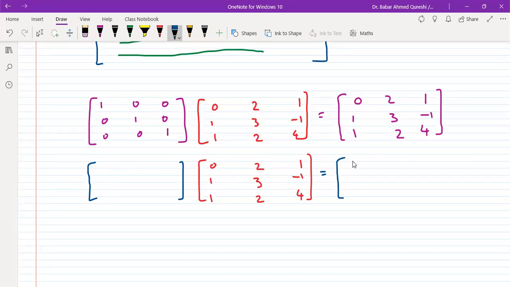You want the first row to be multiplied by 0 and the second with 1 and the third with 0. This will give you this row back over here.